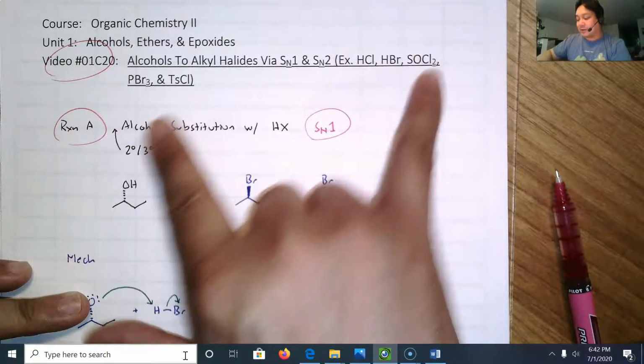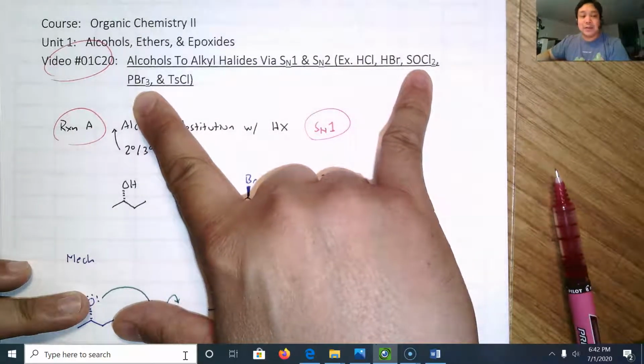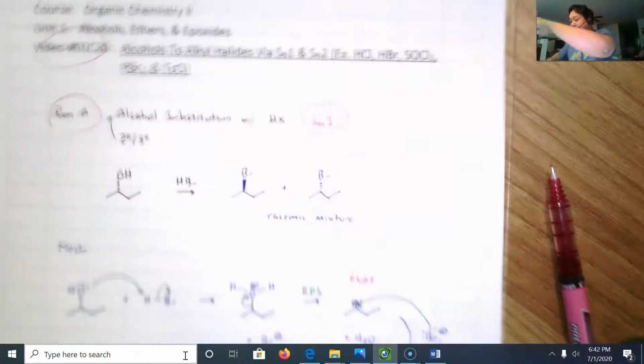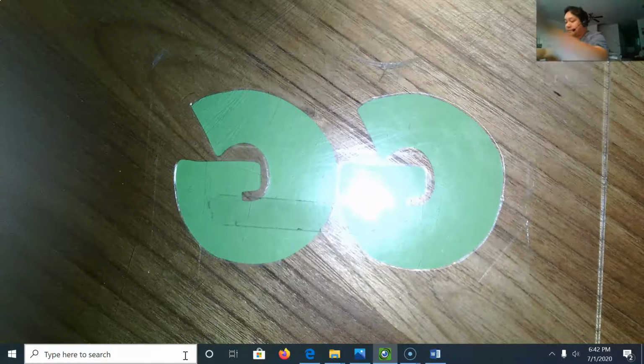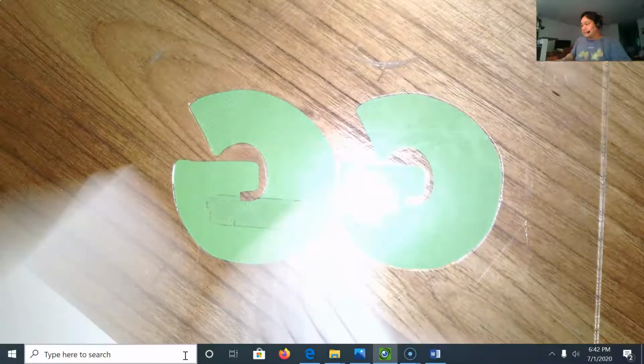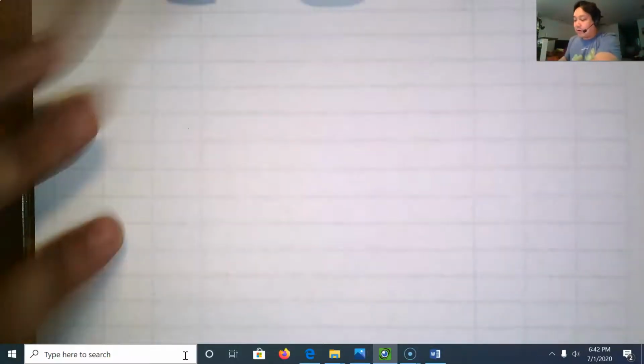But our next reaction will focus on SOCl2 and PBr3. This will be reaction C. And these are special reagents to convert alcohols into alkyl halides.